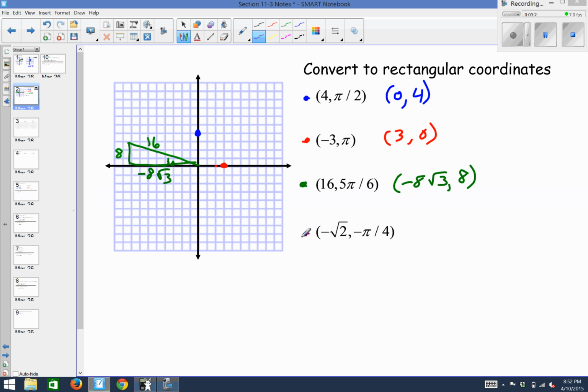And then finally, (negative radical 2, negative pi over 4). Negative pi over 4 means I'm moving clockwise, but negative radical 2 means I move the other direction. If this is a length of radical 2, then this would be 1, and this would be negative 1. So this would be at (negative 1, 1).